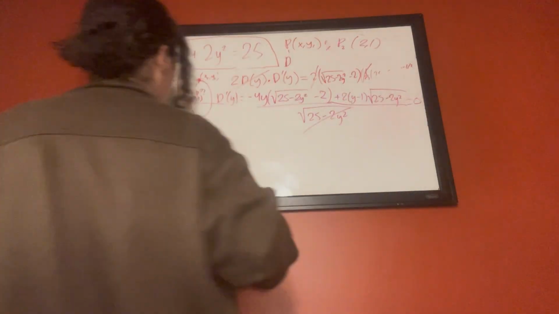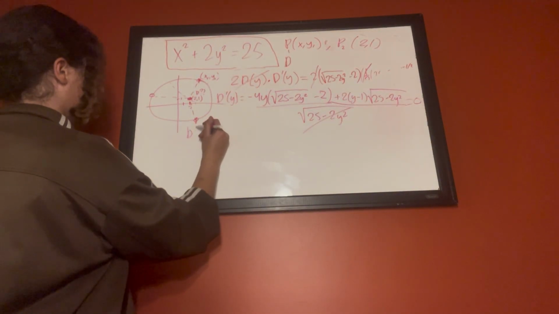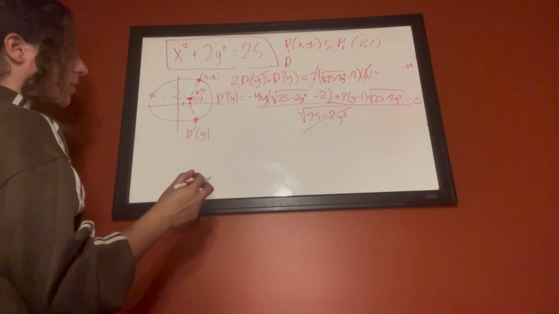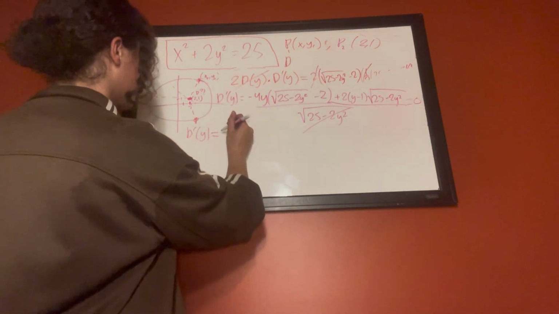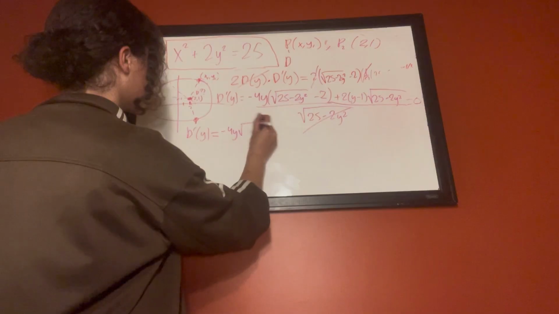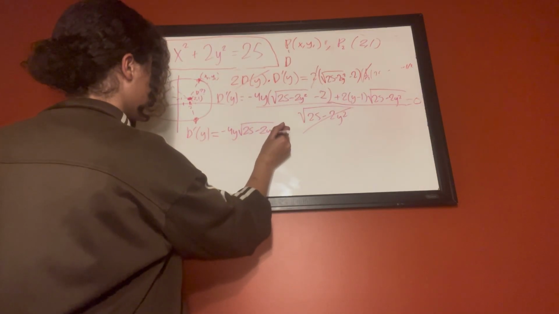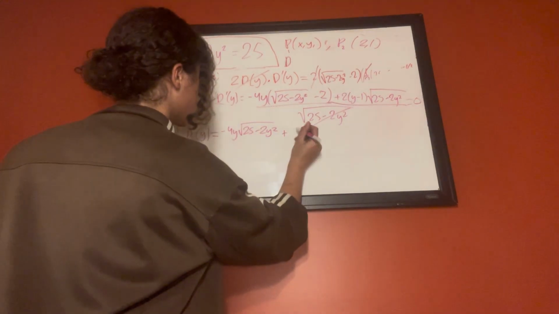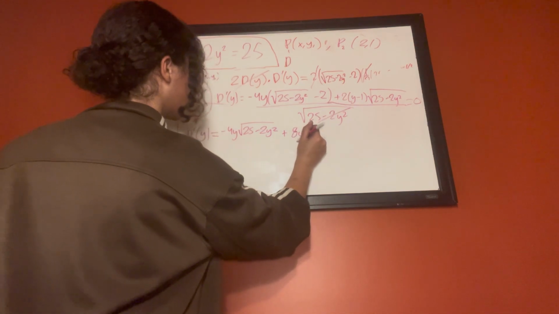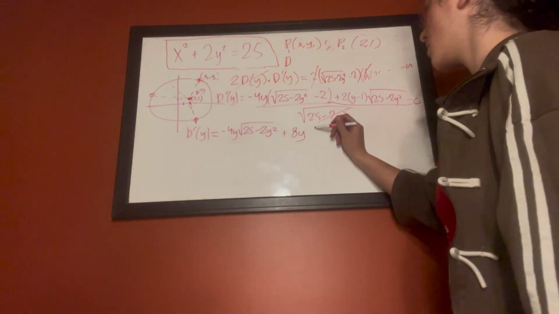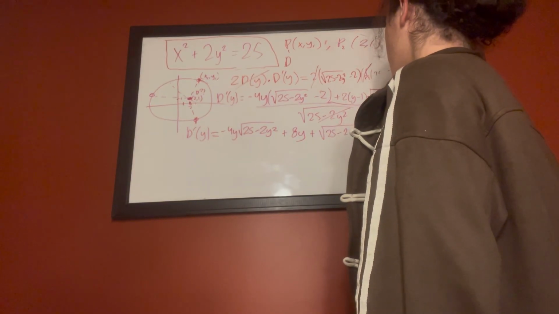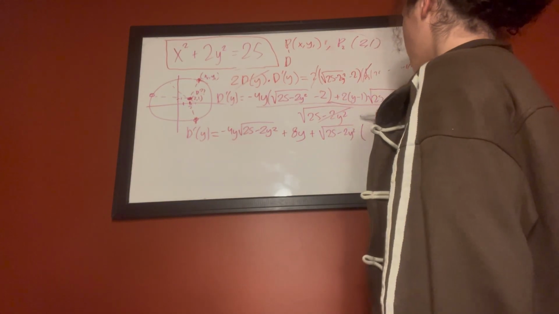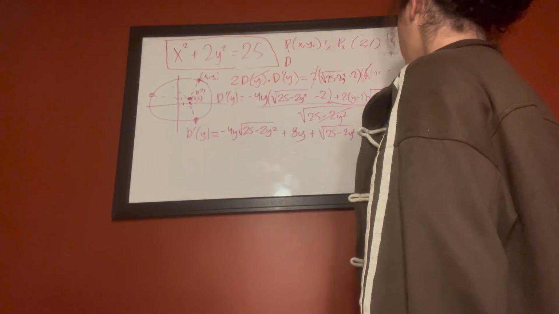Okay. So now I have d prime of y is equal to minus 4y square root of 25 minus 2y squared plus 8y, and then I have plus square root of 25 minus 2y squared times 2y minus 2.